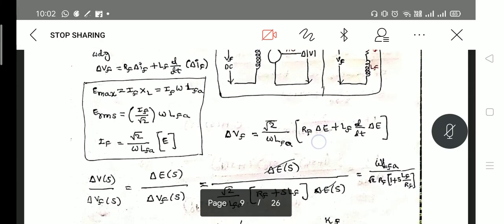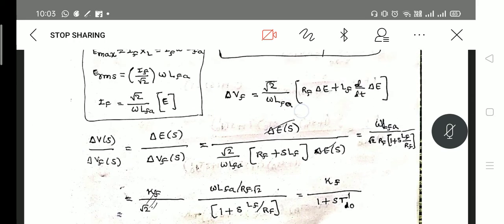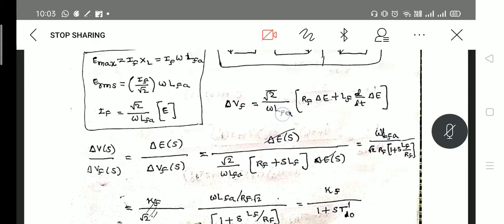After applying the Laplace transform first, we get delta Vf of S equals root 2 by omega LFA into Rf into delta E of S plus Lf into S, since d by dt means S, into delta E of S.